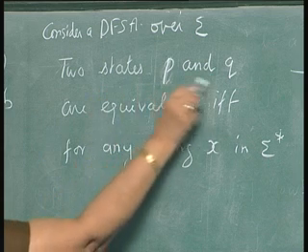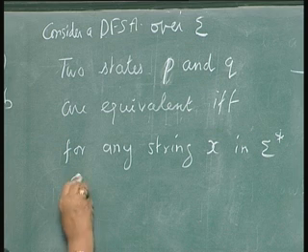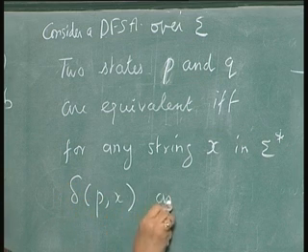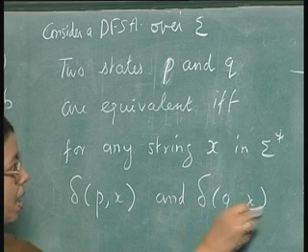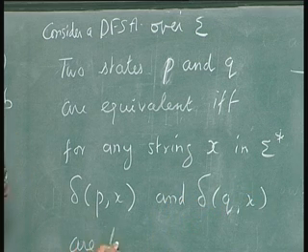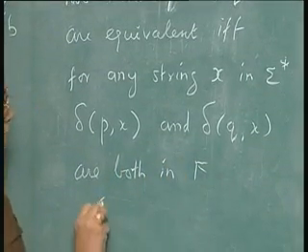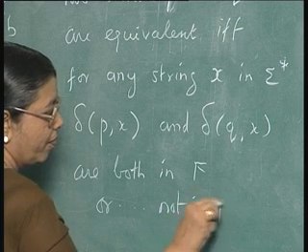Two states P and Q are equivalent if and only if for any string x in sigma star, delta of P of x and delta of Q of x are both in F or both not in F.